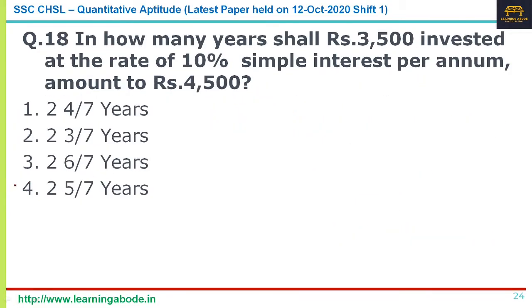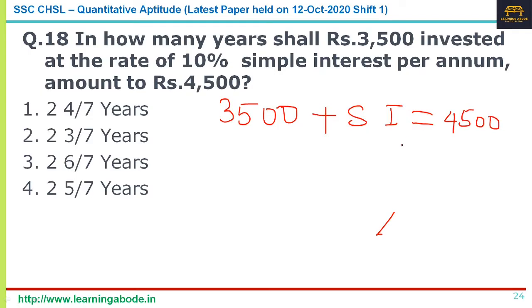Question number 18. In how many years shall 30? Question number 18. So it's a question on simple interest. So 3500 is the principal, plus the simple interest, amounts to 4500.